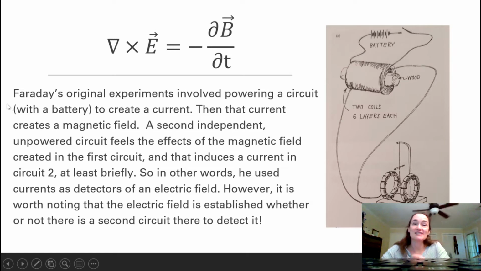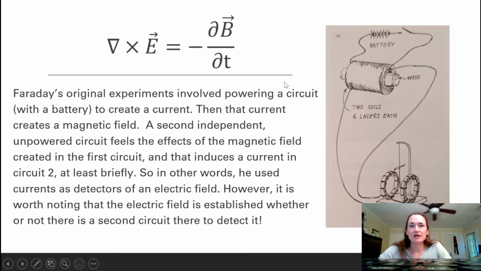All right, now let's discuss this in terms of Faraday's original experiment. It's worth noting that Faraday probably didn't know most of this math, okay, but he was a really great experimentalist. So what he was doing is he was using those currents that he was picking up in the coils as detectors of the electric field. So here we go.